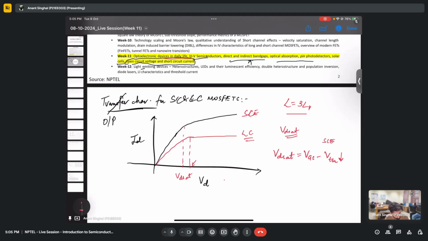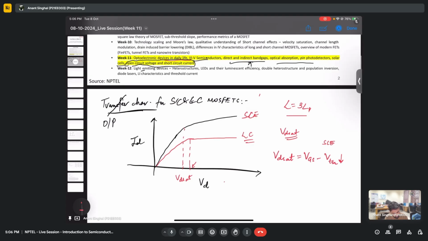But according to one of the solutions of last assignment, the solution mentions that the short channel one has lower current than the long channel one. Lesser current? You are saying the short channel has lesser current? Yes. How is it possible?